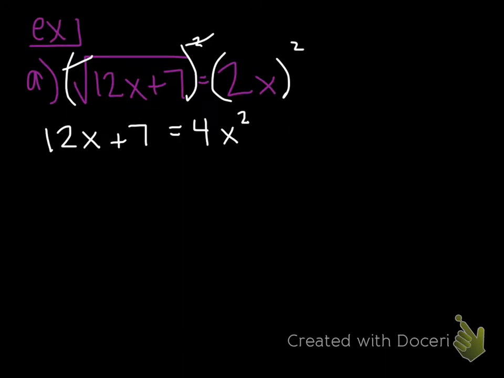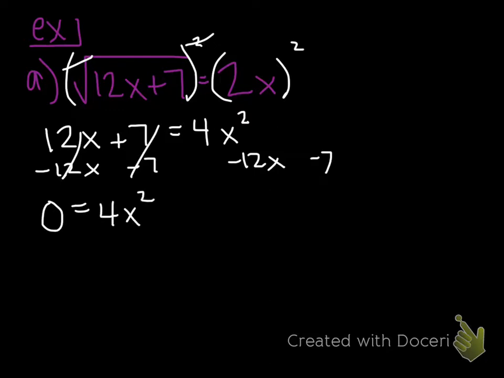Now I need to get both sides equal to 0, so I will be subtracting 12x, and I will be subtracting 7. None of these are like terms on the right-hand side, so it will just be 4x squared minus 12x minus 7. And if you have not already been thinking this, you should realize that that lovely factoring that I told you will never go away all year is coming back.